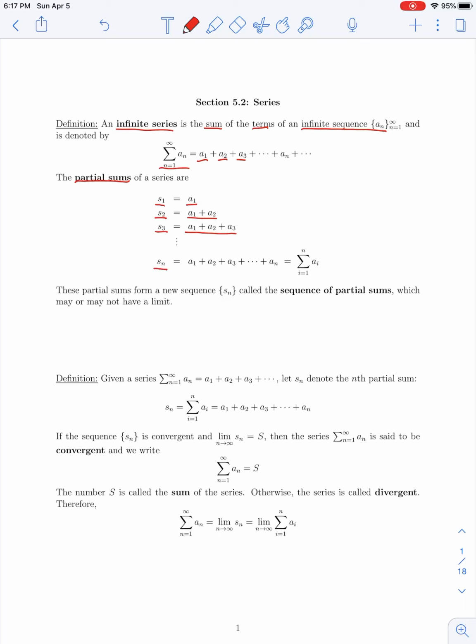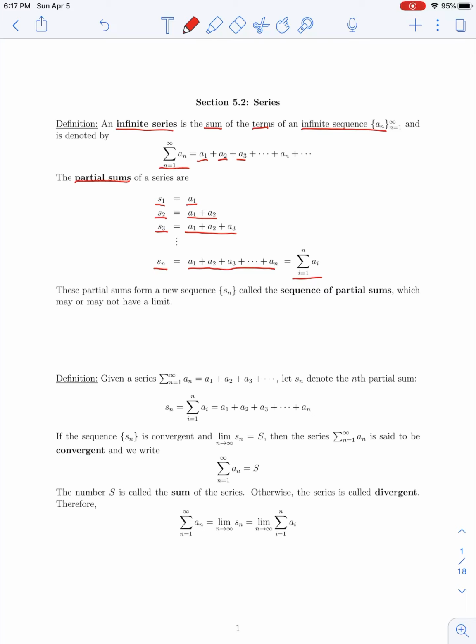In general, Sn is called the nth partial sum, the sum of the first n terms of our series, which could be denoted using the shorthand sum from 1 to n of a sub i.